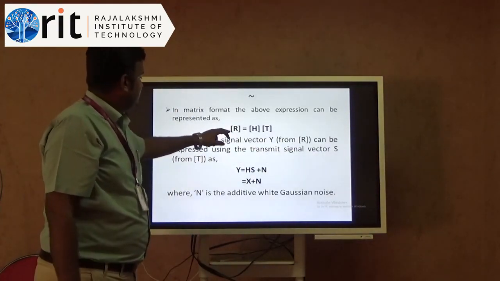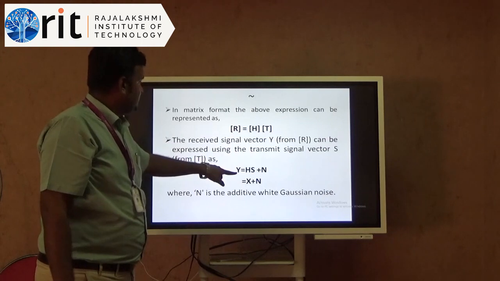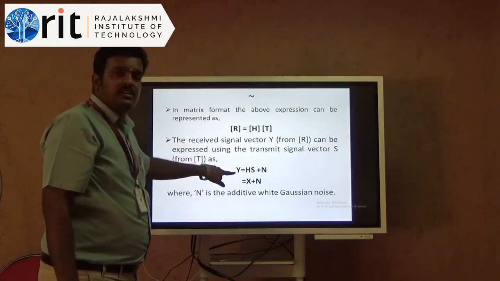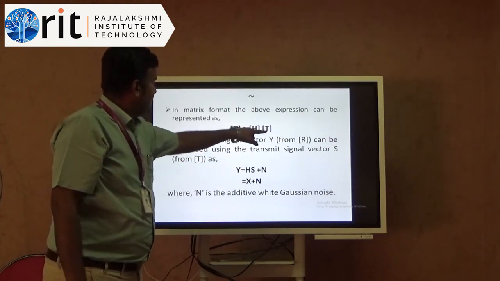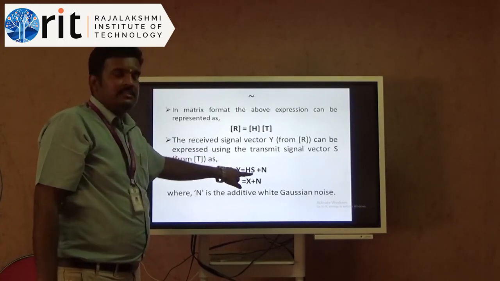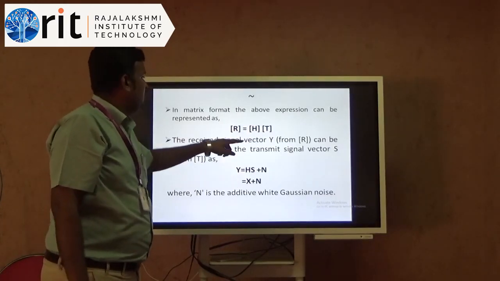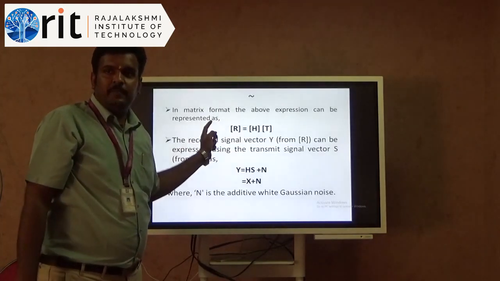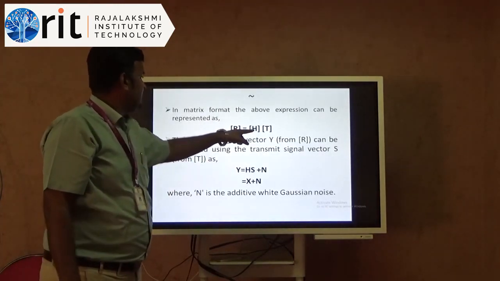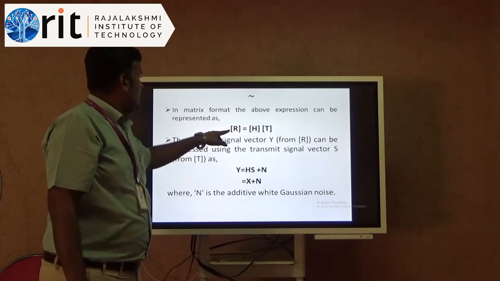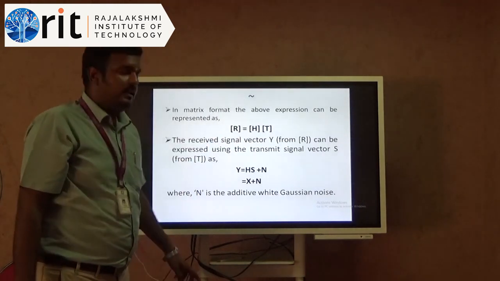By transforming this, instead of the R matrix we can use the vector Y, instead of the T matrix we can use the vector S, and the H matrix can be found by taking the inverse. How will you find the H matrix? R into T inverse, right?